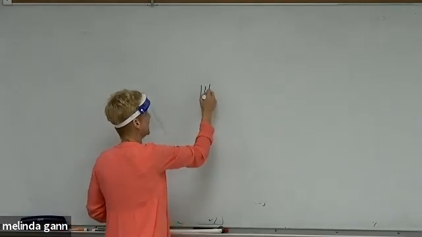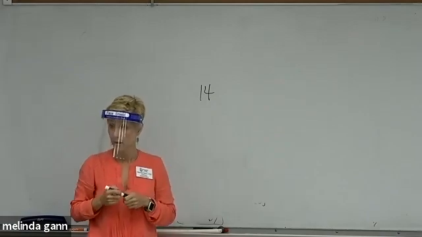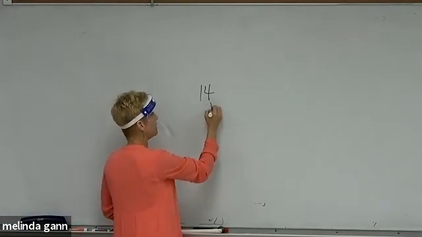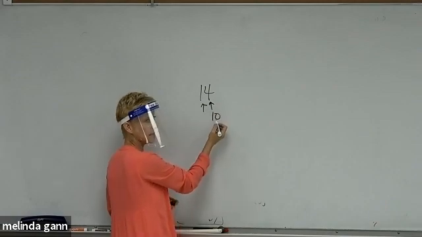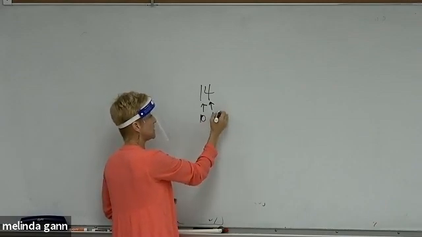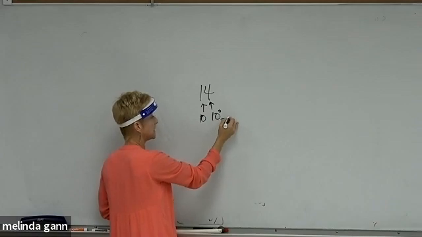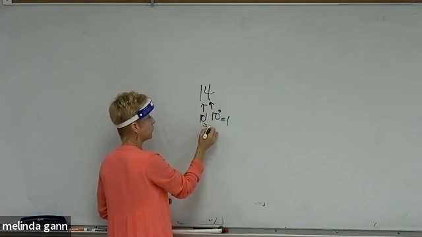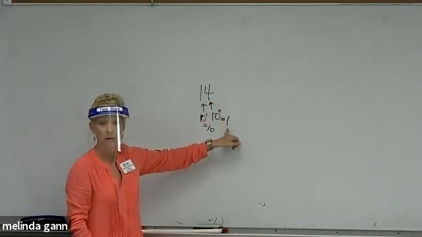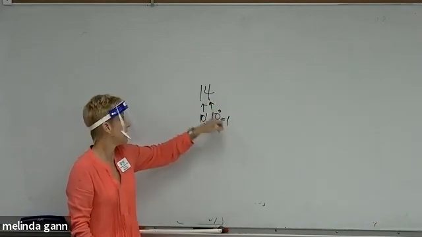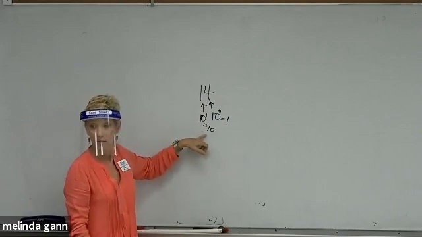So when you tell somebody to make the number 14, now what base is this? This is base what? 10, isn't it? So this is my 10 to the 0, which is the same thing as 1. This is 10 to 1, which is 10. So you're telling them they need 4 what? Ones. And they need 1 what? 10.